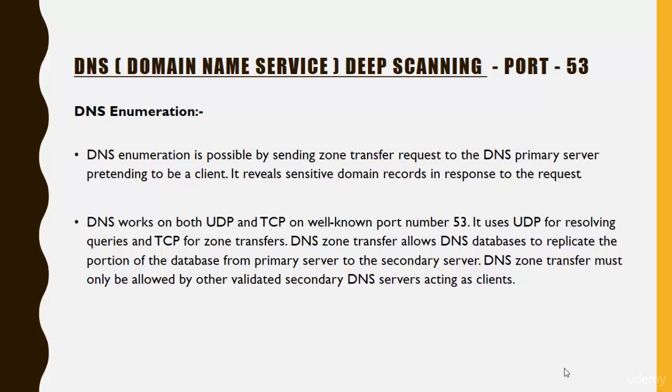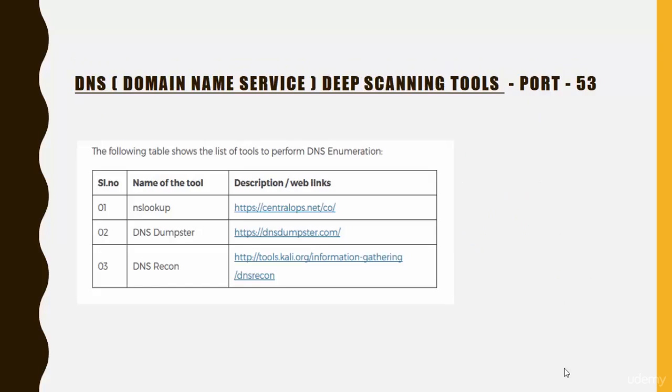DNS zone transfer must only be allowed to validated secondary DNS servers acting as a client. DNS deep scanning tools which work on port number 53 are NSLookup, DNSdumpster, and DNSRecon. The web links are here.